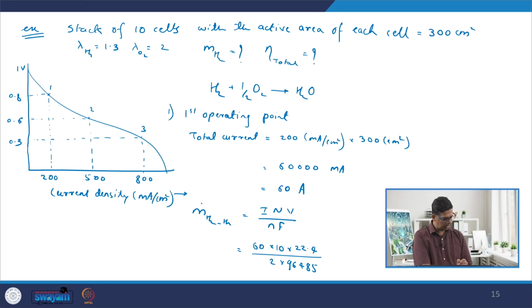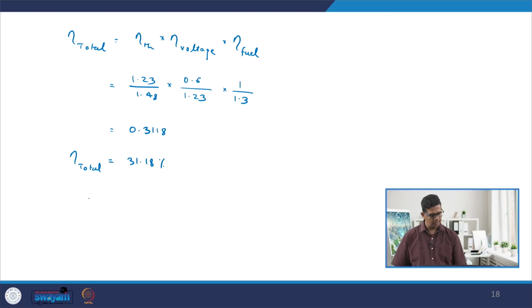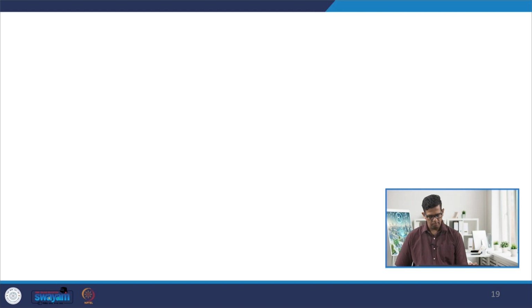So, potential is 0.6 volt divided by 1.23, and fuel is again given as 1.3, that is your fuel utilization factor for hydrogen. So, if we calculate this, this comes close to 0.3118, or this can also be 31.18%. This is total efficiency.